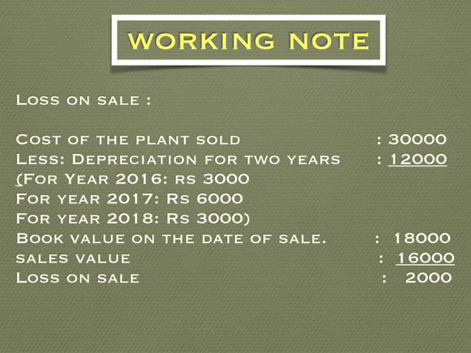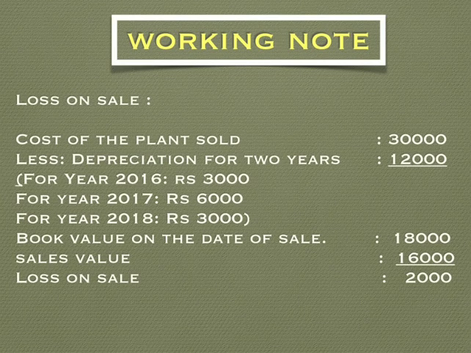Now we have to deduct depreciation for 2 years. The plant was purchased on 1st July 2016, so the depreciation for the first 6 months became 3,000 rupees. The depreciation for a full year is rupees 6,000.